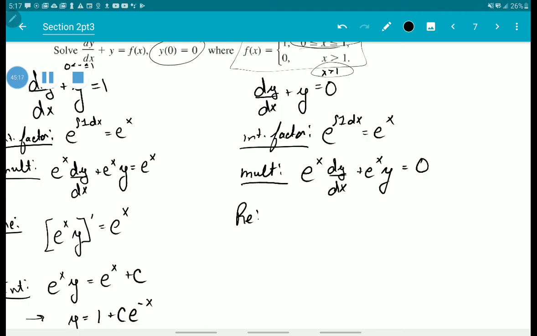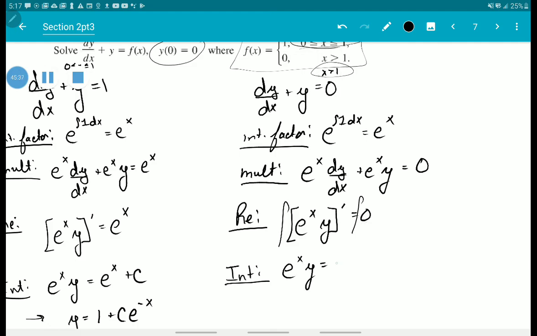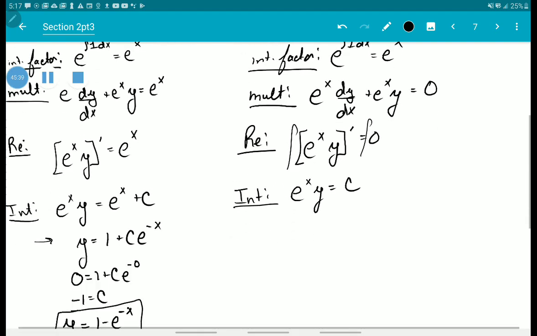Do a rewrite. Check. The derivative of that is that. Integrate. When we integrate 0, we get 0 plus c. And then solve for y. So it would be c over e to the x, which is c e to the negative x.